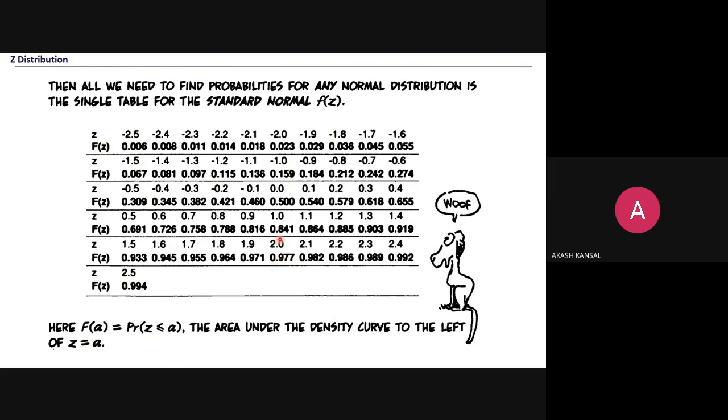Sorry, it should be 0.841 and 0.159. Yeah, almost 68%. If you subtract these values, 0.841 and 0.159, you will get the area between mu plus sigma and mu minus sigma, and it would be around 68% of the total area. So the probability is 68% to have the value within one standard deviation above or below the mean value.